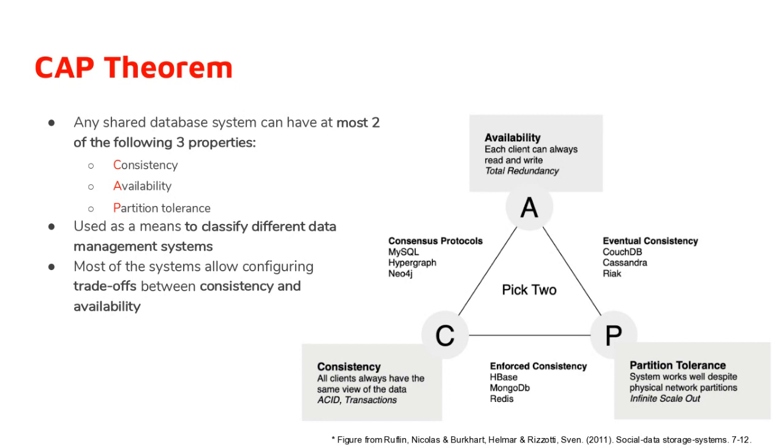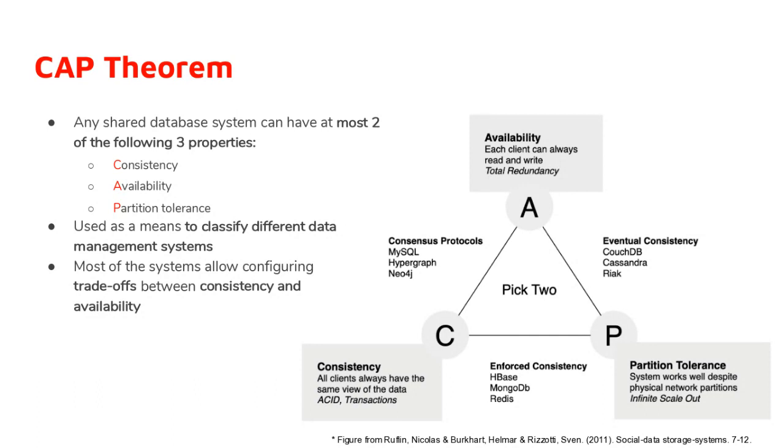If you have the same data copied on every server, say a server in the US and one in Europe, then you're always sure that you can have your data back quickly. And even if a server crashes, because it's copied on another server, you still have that data. So those are highly available systems. What you typically have with relational databases, like MySQL, is high availability and high consistency.